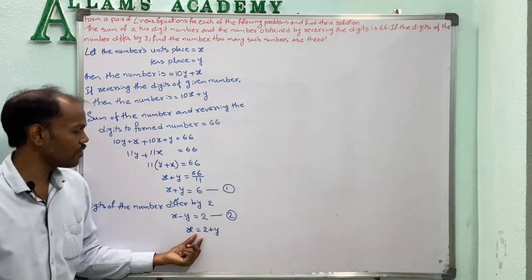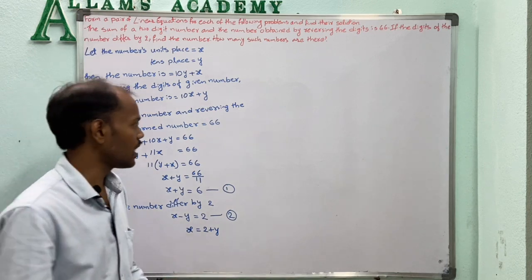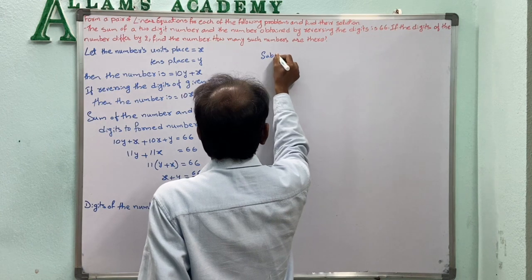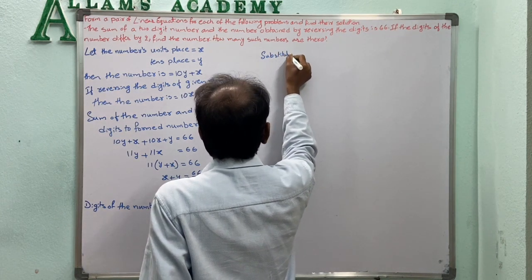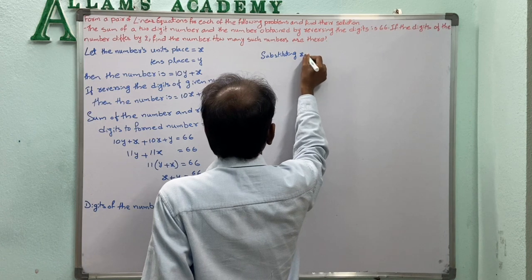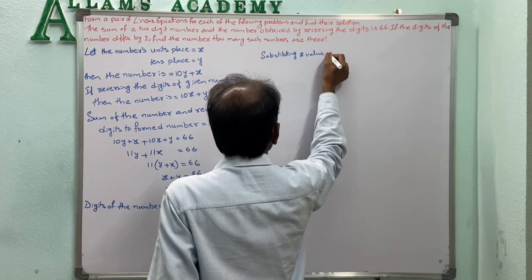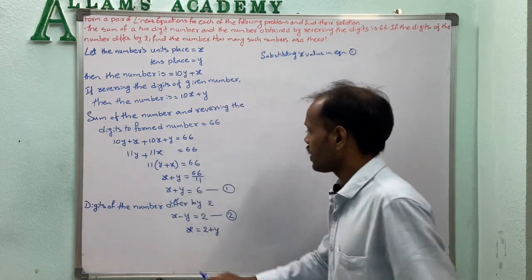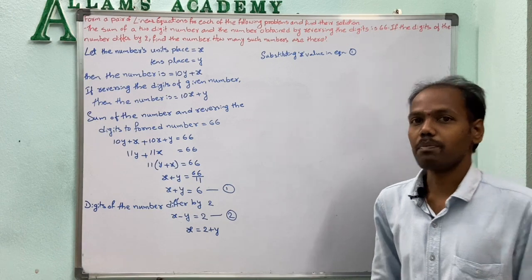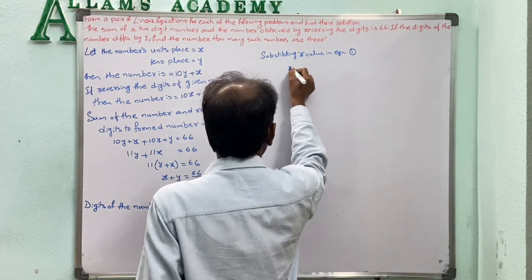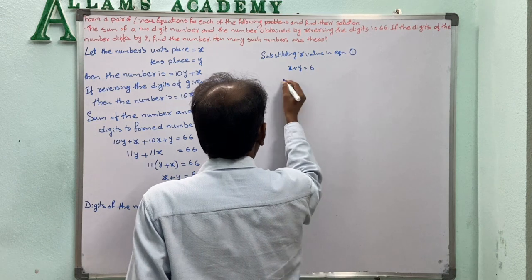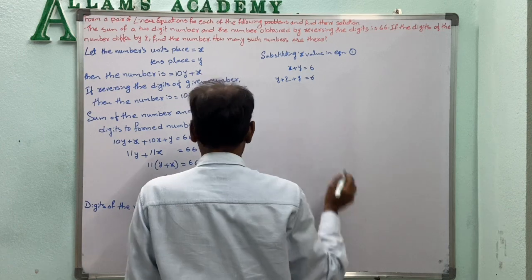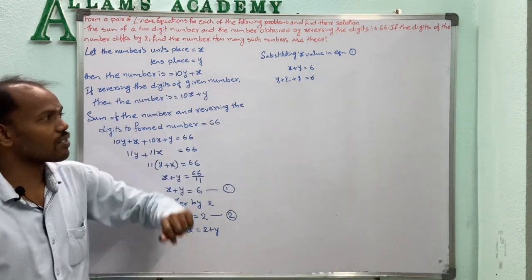Now that x value is substituted in the first equation, equation 1. In the place of x I am writing 2 plus y. So x plus y equal to 6 becomes (2 plus y) plus y equal to 6.